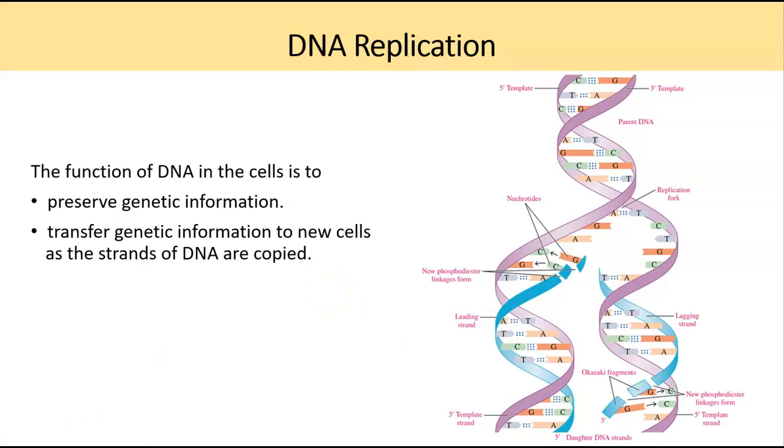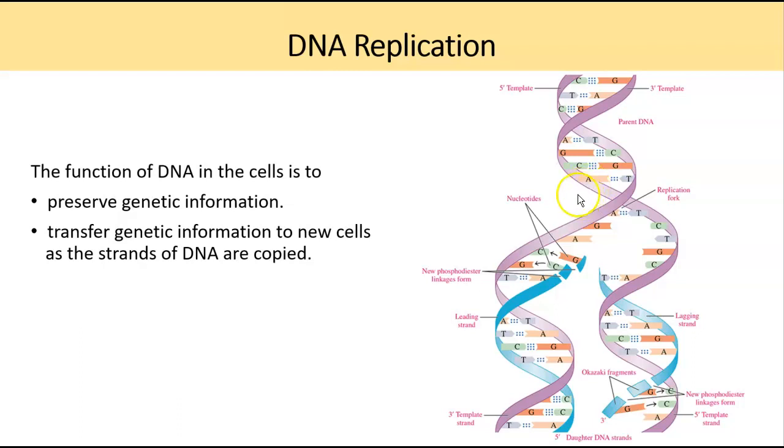Now we'll see what this DNA replication is and why it is needed. We know that DNA contains very important genetic information as a base sequence, and this base sequence stores all the genetic information.